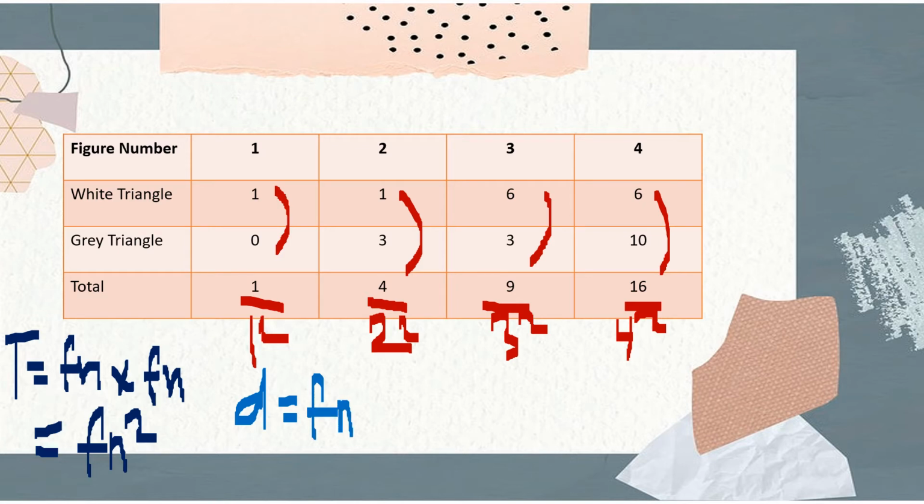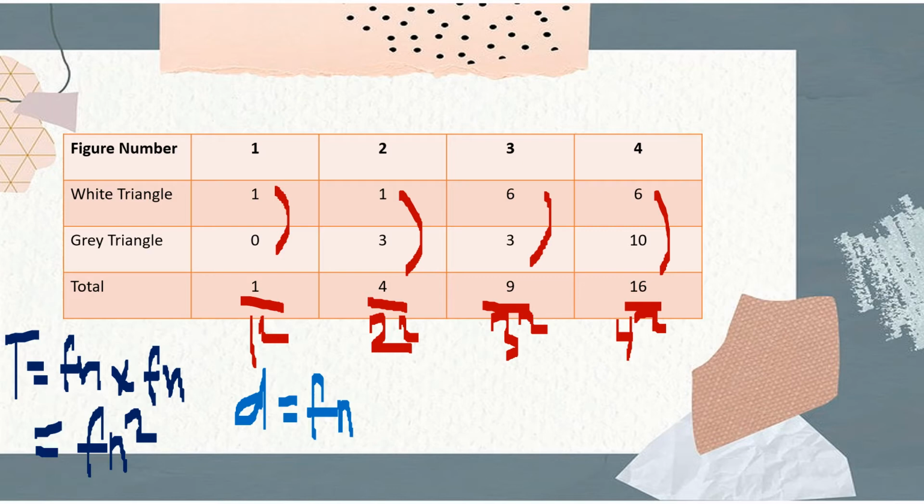Why I say the difference is the same as the figure number is, let's take a look here. If we can add both the white triangles and grey triangles in every figure number, we can subtract both too. Just take the bigger number and subtract it with the smaller number.